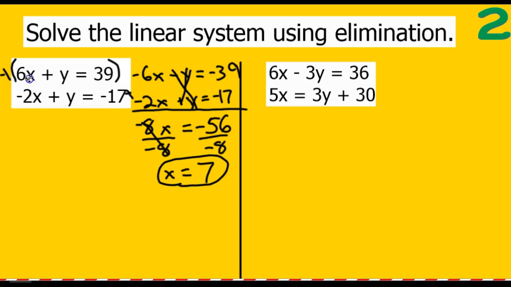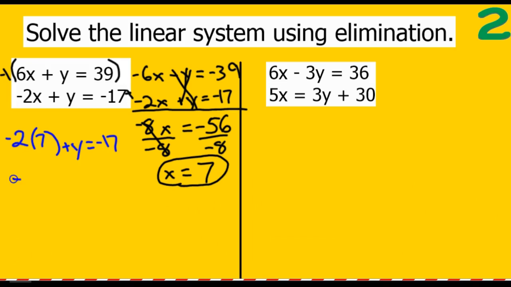So if x equals 7, we can put this into any equation that we want. So I'm going to put it into the second one. Negative 2 times 7 plus y equals a negative 17.